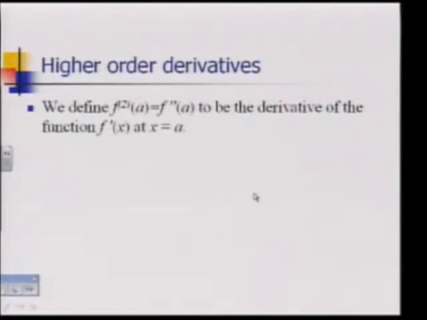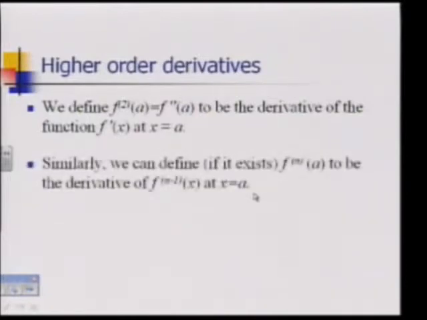Usually it's evaluated at different values in order to see whether that particular point is a maximum or minimum. And we can define the nth order derivative if it exists. We just try to compute that.